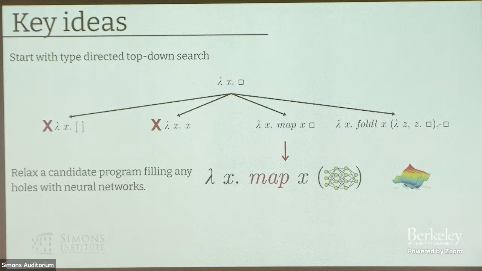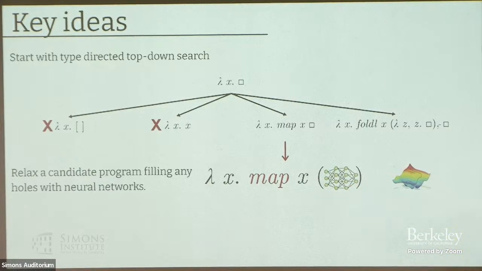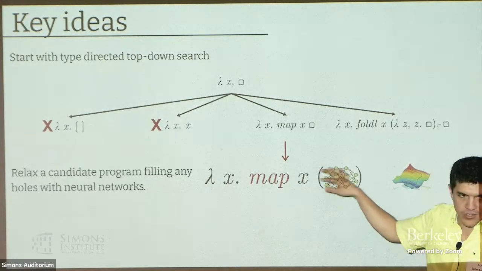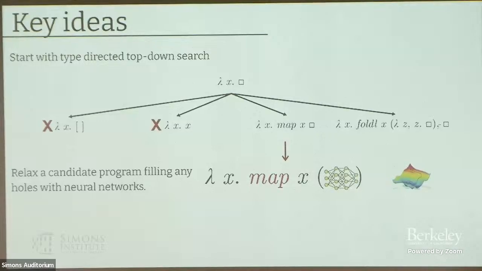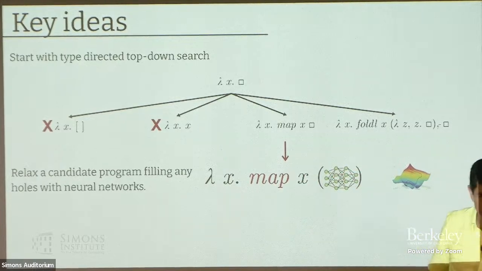So in the case of map, for example, map has actually a very nice property that you can take the inputs and outputs to map, and you can turn them into inputs and outputs to this function argument, right? And in fact, there is prior work that has done that in a completely symbolic way with propagation rules that convert the input-output examples that are global to local input-output examples for this expression.